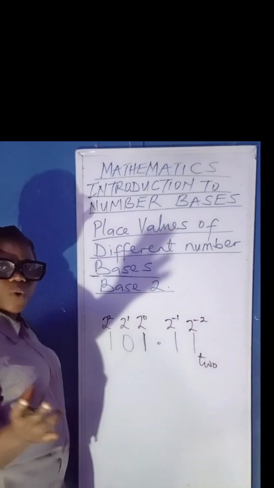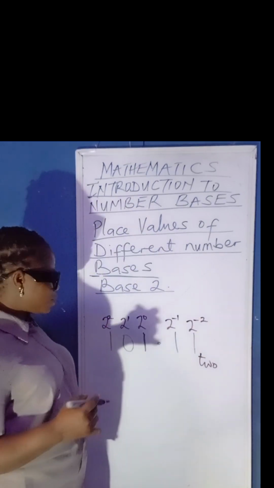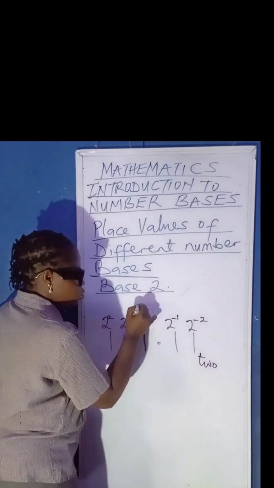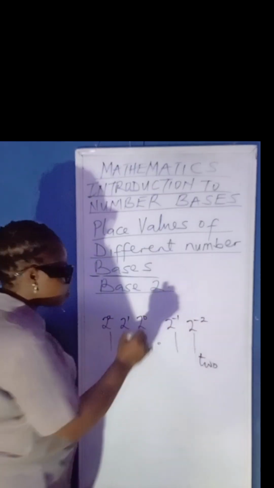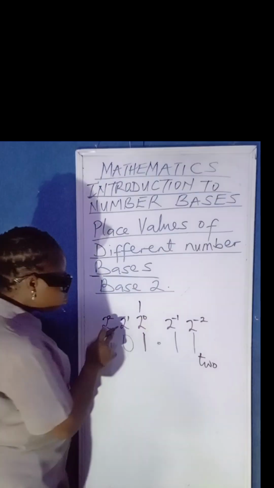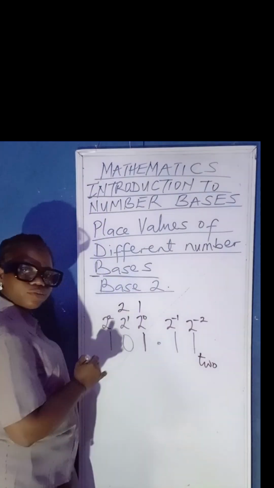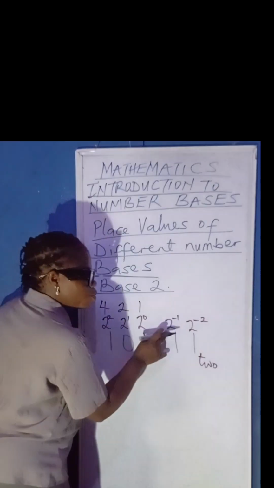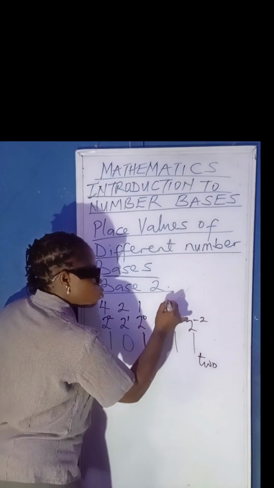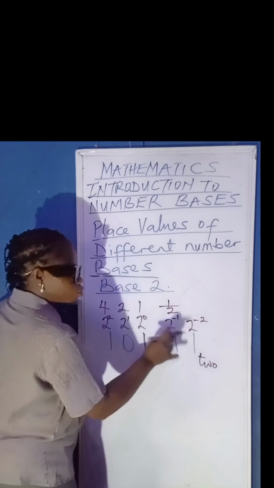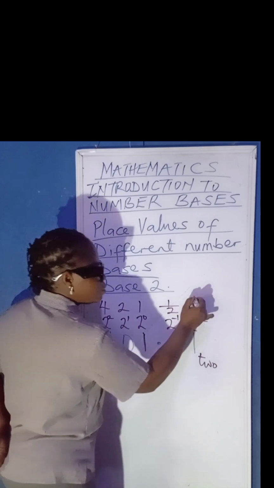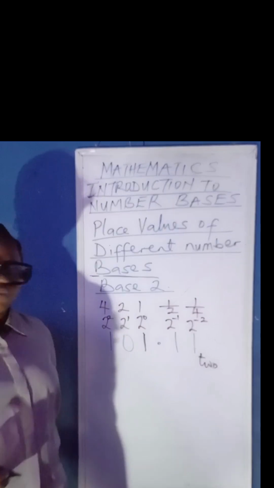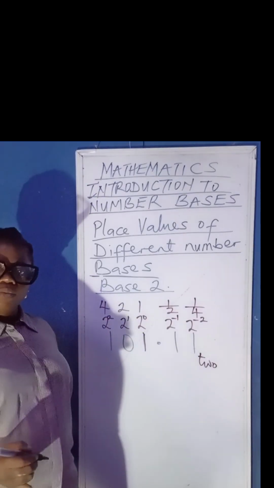Very similar to when we have numbers in base 10. 2 raised to power 0 is equal to 1. 2 raised to power 1 is equal to 2. 2 raised to power 2 is equal to 4. 2 raised to power minus 1 means 1 over 2. 2 raised to power minus 2 means 1 over 2 raised to power 2, which is 1 over 4.